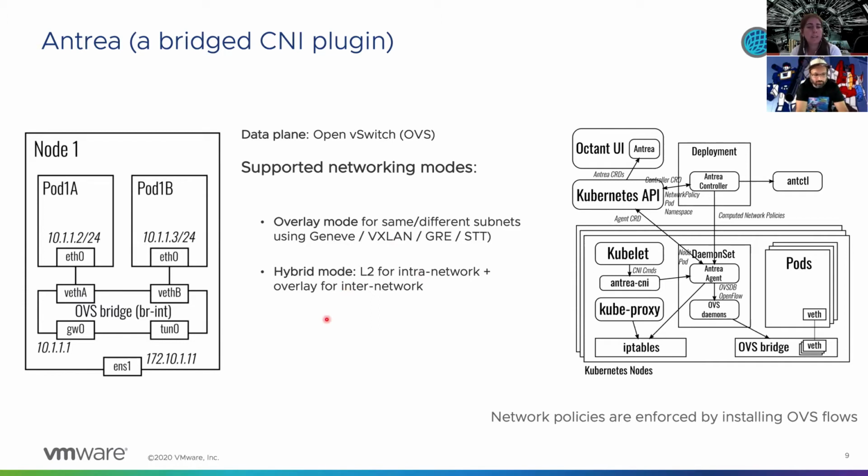We'll actually see when we look at the Antrea stuff that all the traffic flows into that gateway, even local traffic, which is interesting from a control and security perspective. Right. And one important difference here is that network policies are installed by OVS flows, instead of, like Calico, using iptables or eBPF.